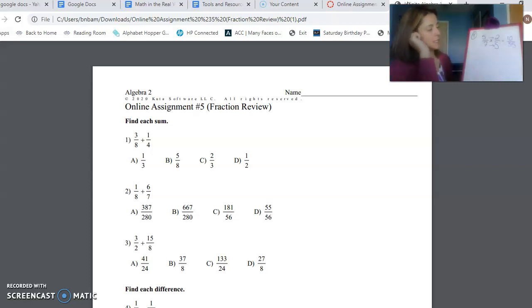And with these, sometimes you might not know what it is right off the top of your head, and sometimes you may have to do it more than once. But for this one, I know that I can divide both of these numbers by 5 because I know 10 is divisible by 5, and I know 35 is divisible by 5. So that's where I'm going to start.